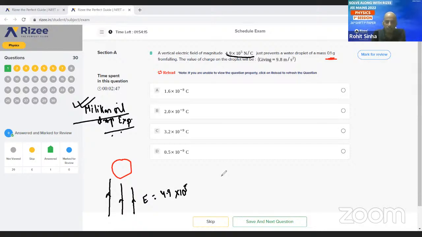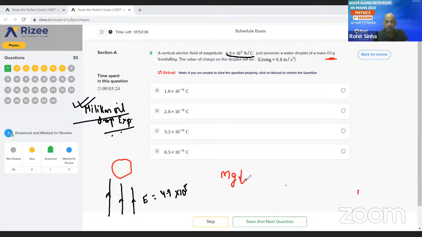Since we know that mg is the force due to which this drop will try to fall down, it is equal to what?